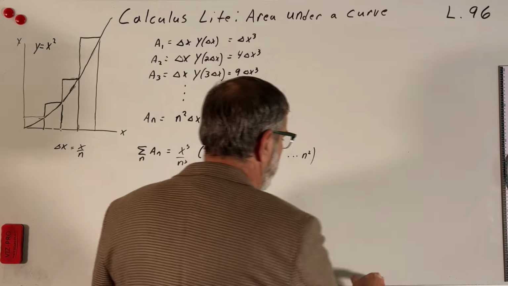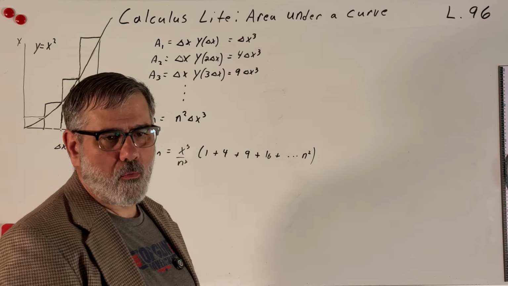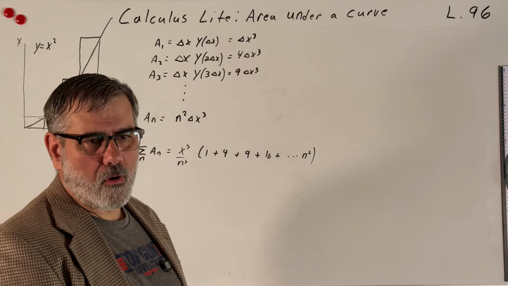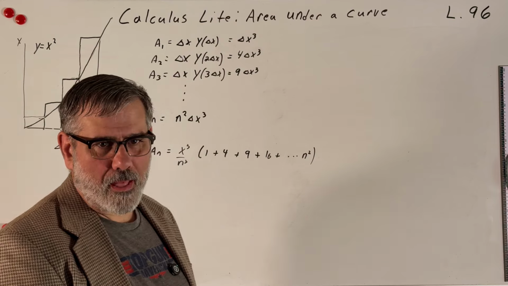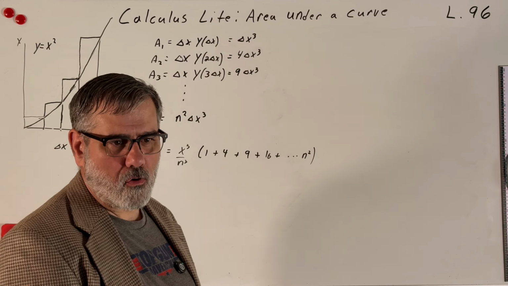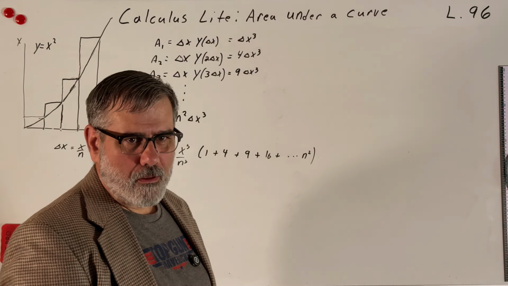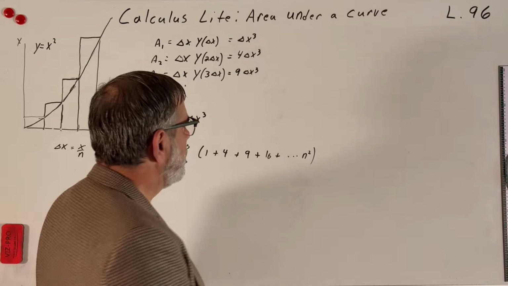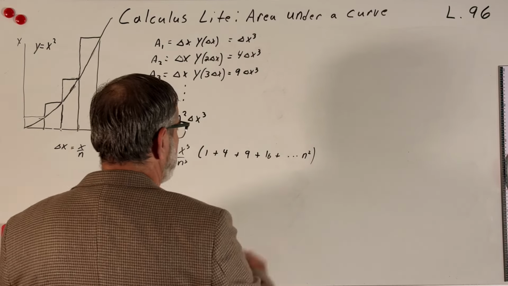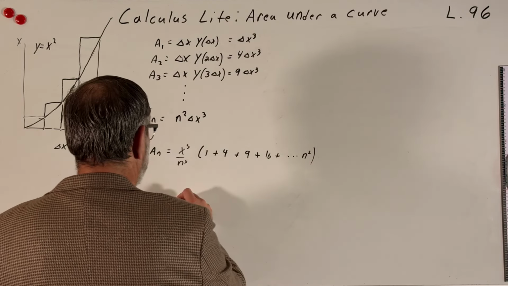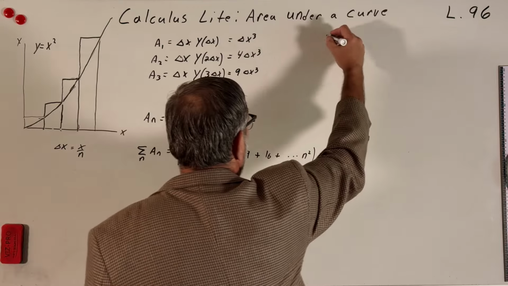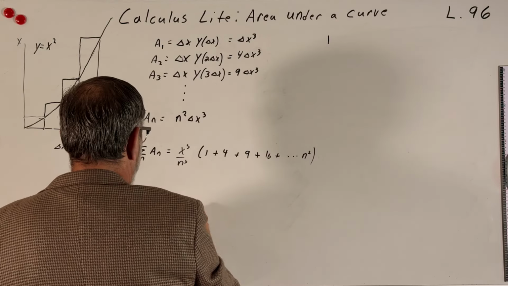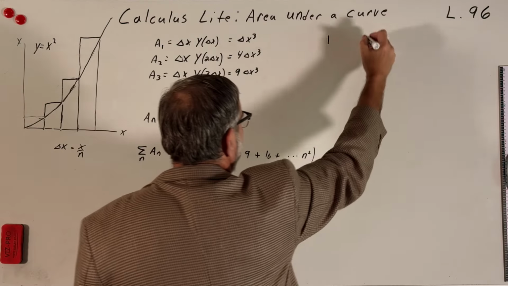And so, just like we did before, I'll construct the table, but I won't go through the algebra. I'll just write the answer down when we're done. And I'll leave the algebra on this as a homework assignment for you guys to do. But how would we begin this? Well, we start by adding up these square numbers, right? So 1 is the first one, just like before. The second one is 1 plus 4, which is going to give us 5.